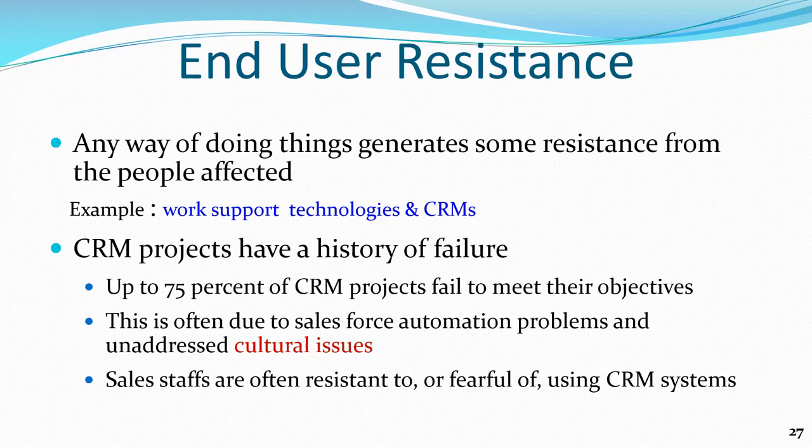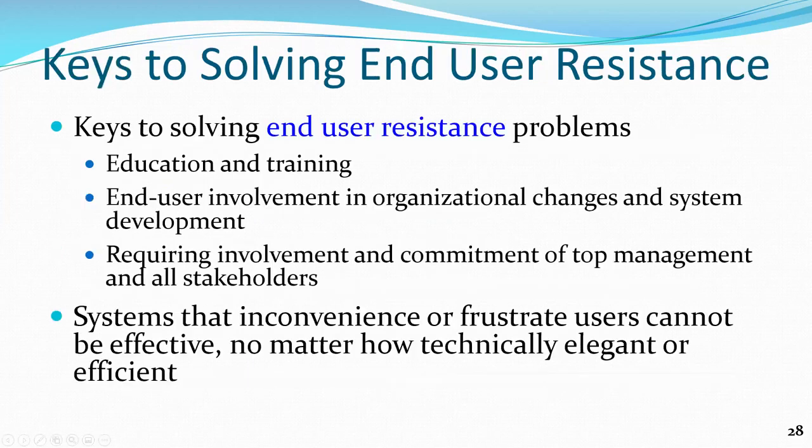Because of that reason, most of the time the initial stage of CRM failed, right? That is not because of failures or the inability of the system. That is mainly because of cultural issues, right? So end user resistance as such will always be there in a new implementation.